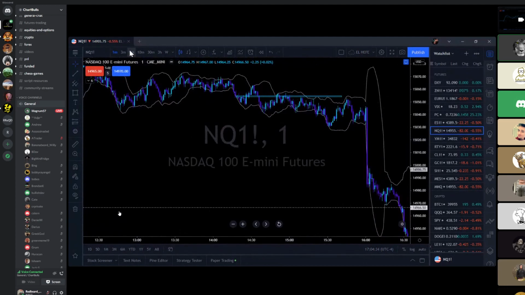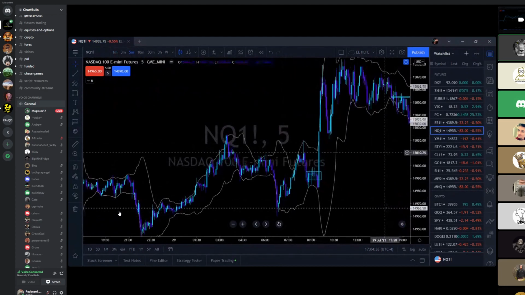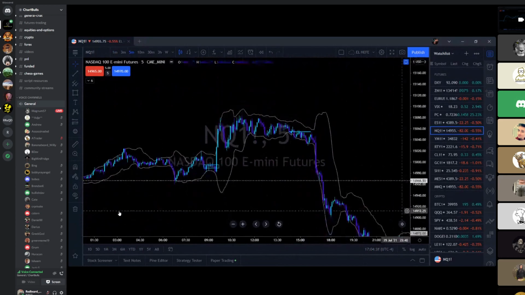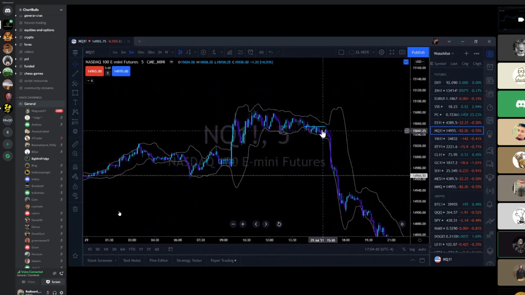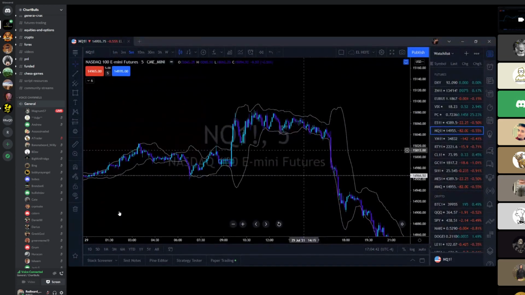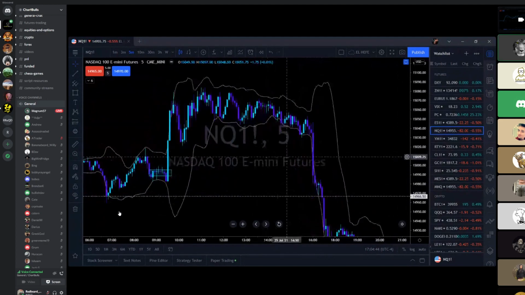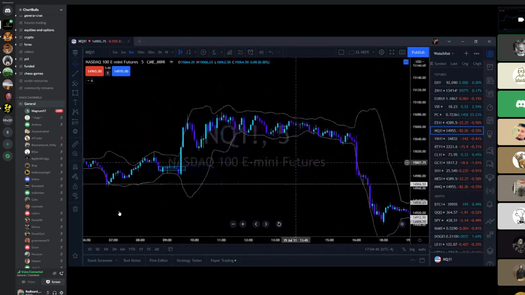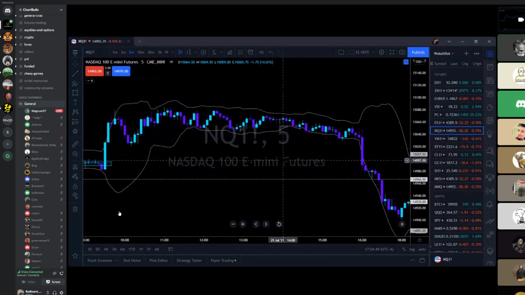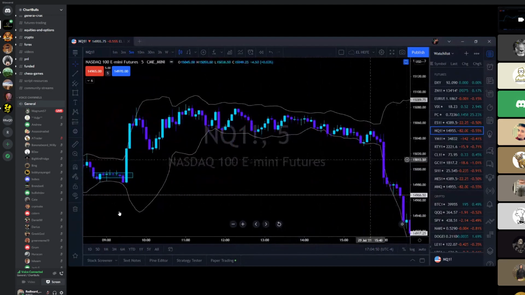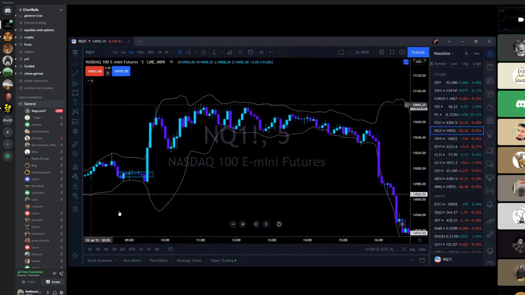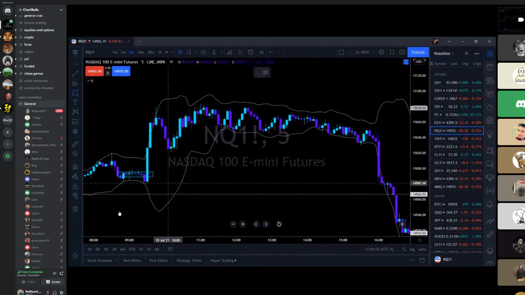Let's look at what it looks like on a 5-minute chart, because you can use this stuff on several different time frames. Yeah, I mean, you could have been monitoring this thing on a 5-minute chart, and it would have given you a pretty good entry right here. Same deal. You find the last one to poke the Bollinger Band, right?